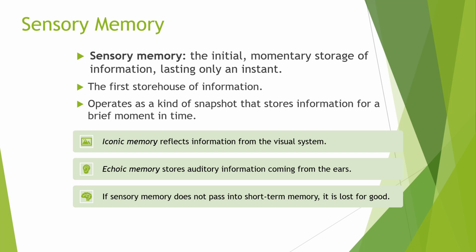If information does not pass on from sensory memory into short-term memory, then it's completely lost. There is no getting it back. Okay? Then we said sensory memory lasts for about 1 second. If you pay attention to it, that information could go on to short-term memory.